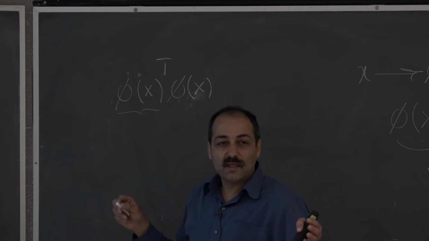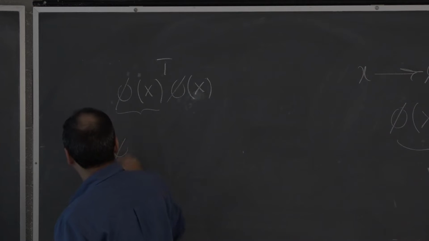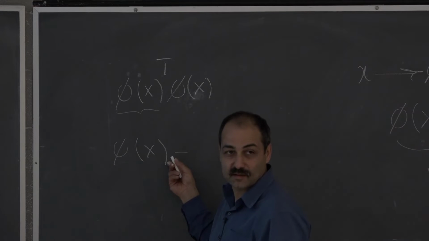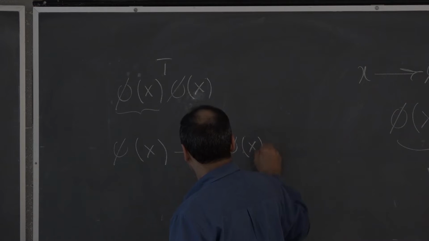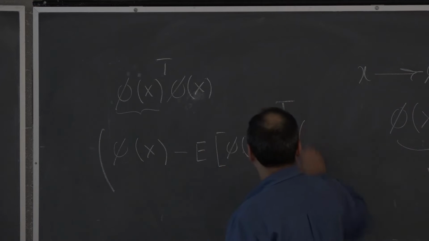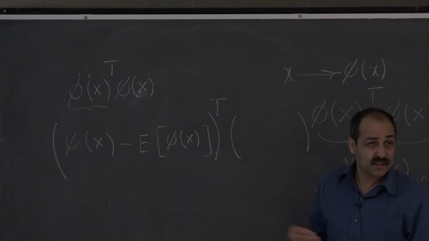At the beginning, we don't know if it is. In fact, what I have to compute is phi of x minus the mean of phi, transpose times the same thing. That's the kernel that I have to compute.